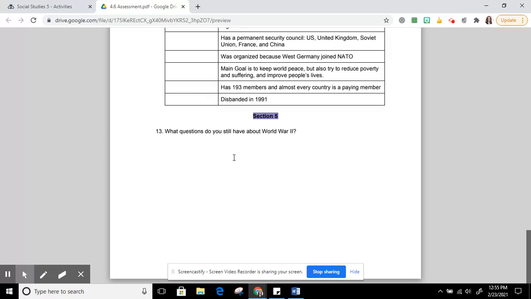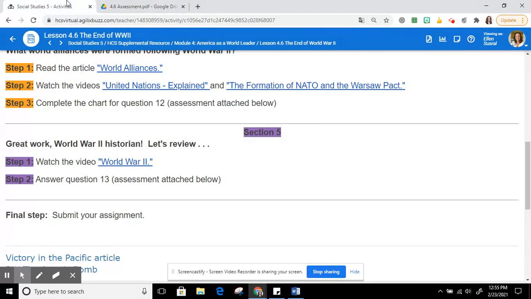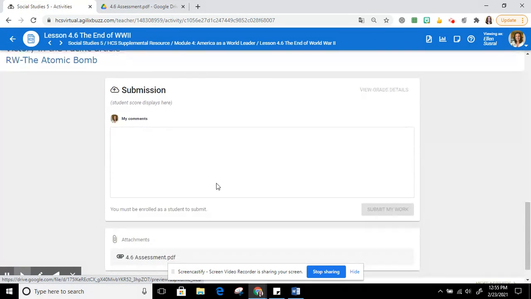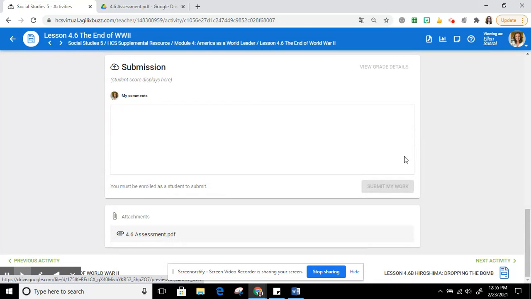There is so much about World War II that we can't cover or we don't get to be able to cover because of time and our standards. So think deep about what you're still wondering about. And then your final step is to submit your assignment. At the bottom here, you'll have a blue plus button where you can click and attach your work.